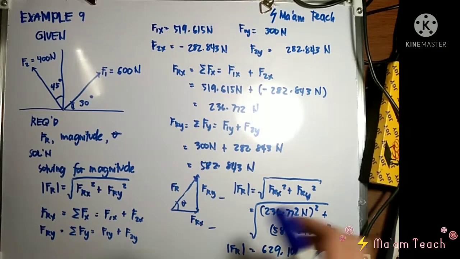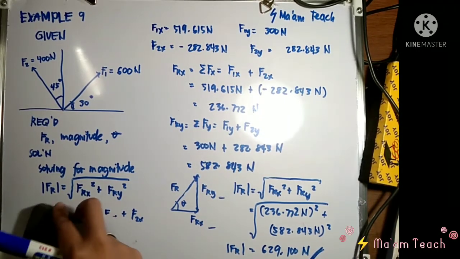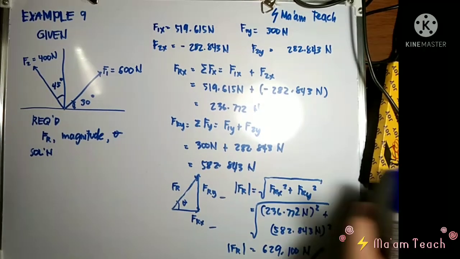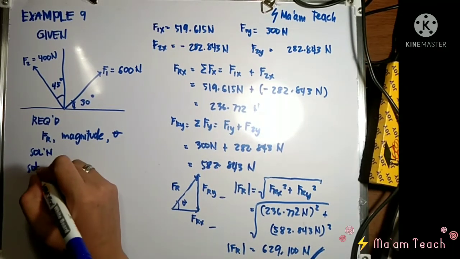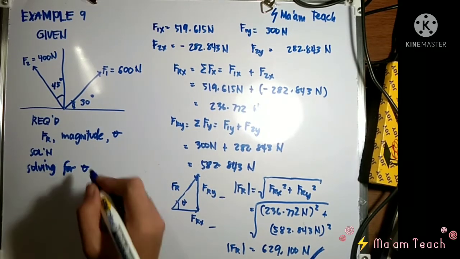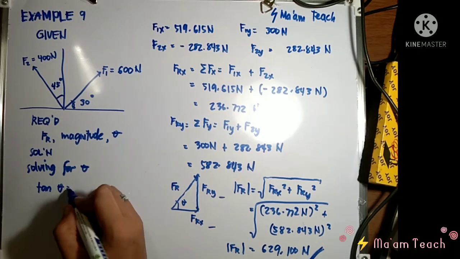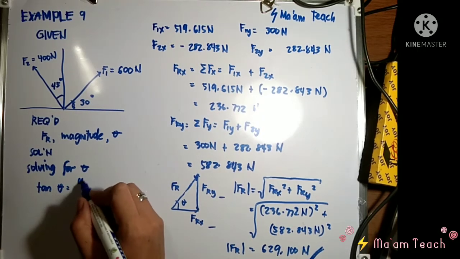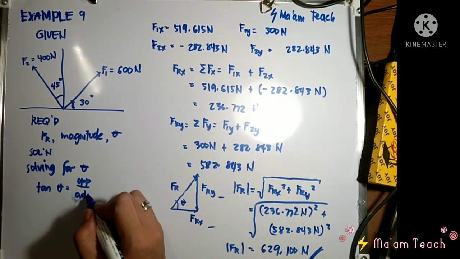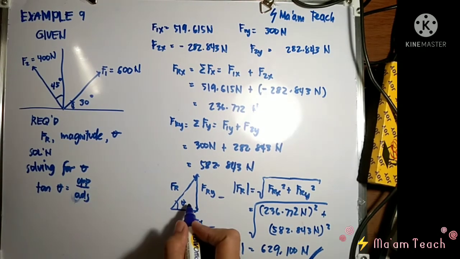Therefore the appropriate trigonometric function to be used is the tangent. Okay, so I'll be erasing this, and we will solve for theta. Using tangent theta, tangent theta is opposite over adjacent. So our target is the theta.